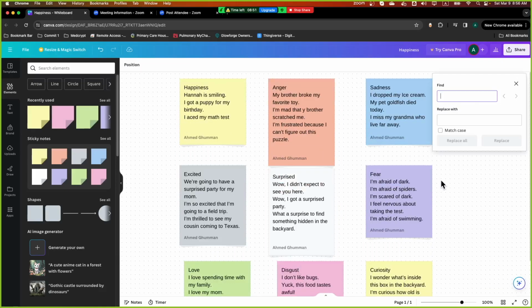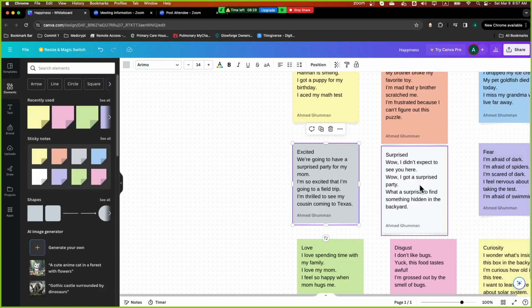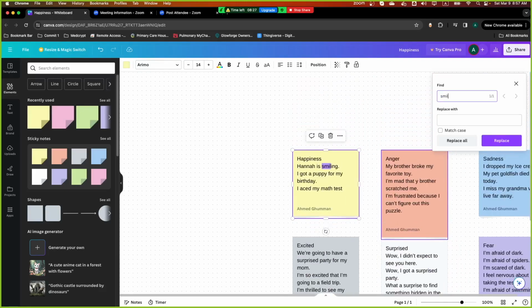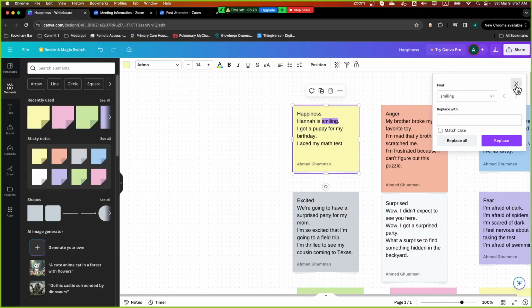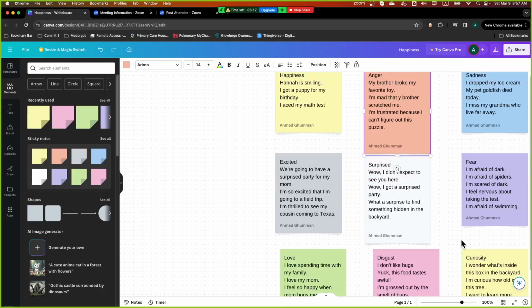Sometimes we may have used the word very, somewhere here we are excited. Did I use the word very here? No, I did not. But it's gonna start looking for smiling, and it's gonna find it here. And just like I'm doing the searches here, our Emotion Explorer is gonna do similar things.